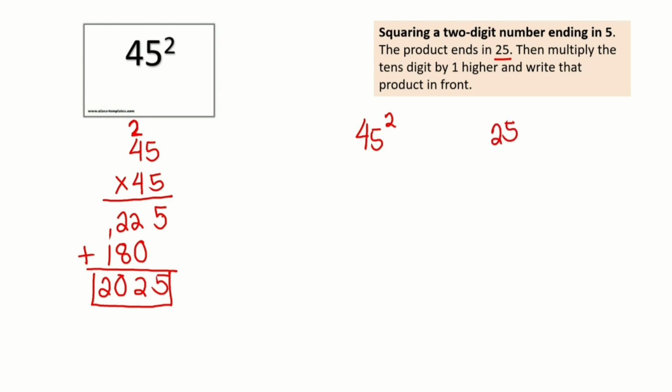Next, we multiply the tens digit, this one, by 1 higher, which is 1 higher than 4. So that's 5. So we have 4 times 5, and that is 20. So we just write the product in front. So the answer here is 2025.